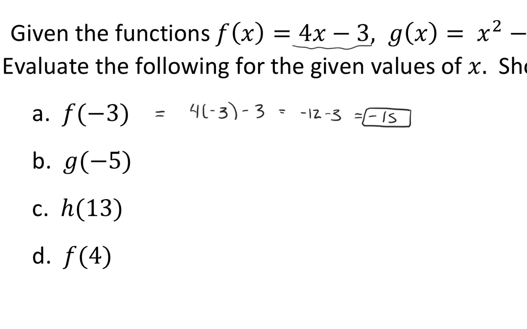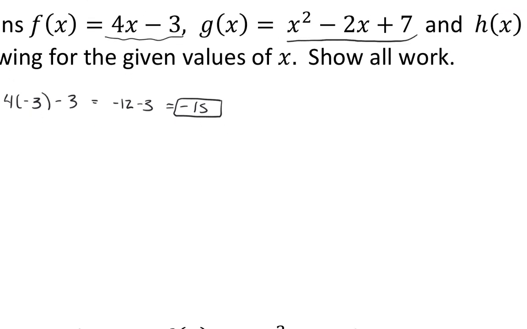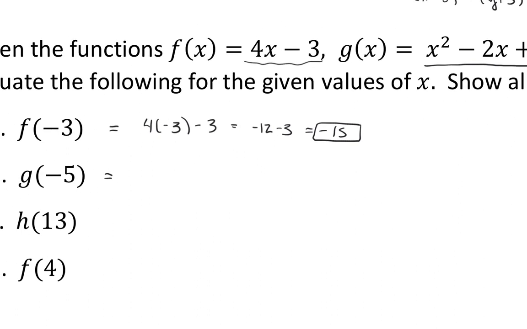Moving on, g of negative 5 is going to be equal to this with the negative 5 instead of x. So that's going to be negative 5 squared minus 2 times negative 5 plus 7. That is going to be equal to 25 plus 10 plus 7, or 42.